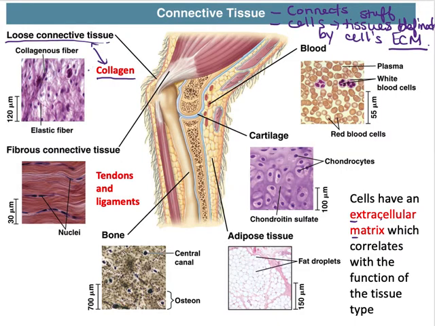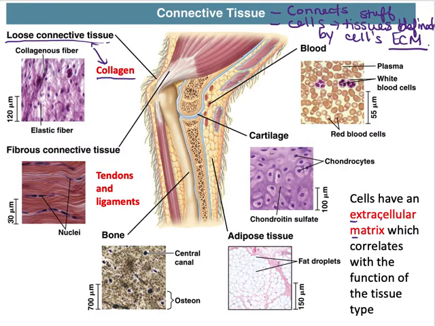Loose connective tissue consists of cells that have collagen extracellular matrix fibers. And these usually bind epithelial tissues to underlying tissues or hold organs in place. So this will be very common in the skin. It just kind of holds stuff together, especially in the dermis layer. You'll see a lot of loose connective tissue. Holds things together.